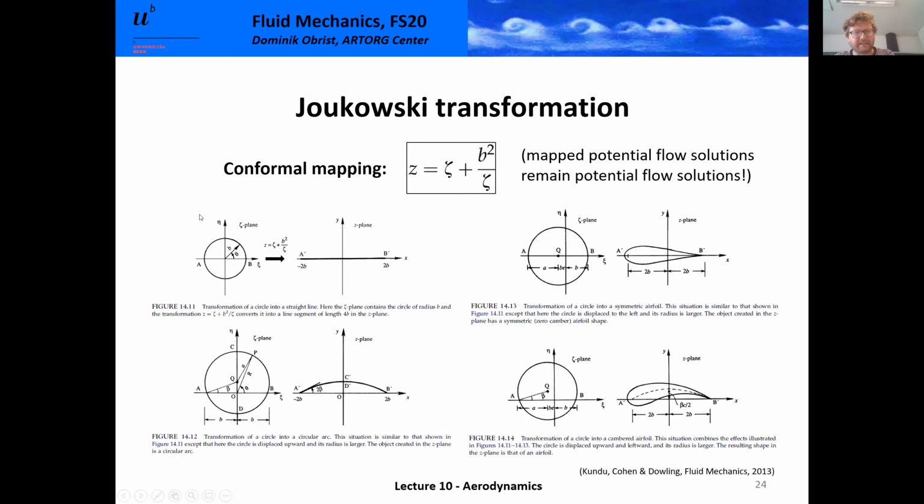If we now take this zeta variable, which contains the x coordinate, or here it's called the psi coordinate, and the eta coordinate, and we do this mapping into this new coordinate, which is now called the z plane, then any circle which is mapped with this conformal mapping becomes a degenerated circle, or actually just a flat line, which goes from minus 2b to plus 2b, where b is the radius of this circle.